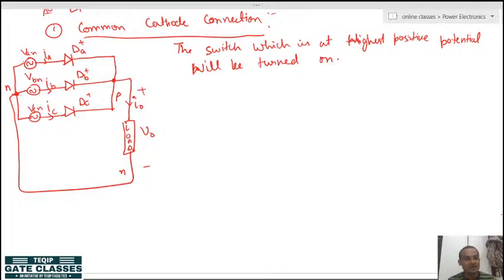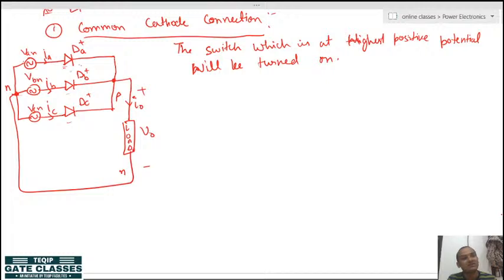Okay, so what we have to see across the diodes? In the first way it might seem that we have to see the phase voltage across the diode. No, it's not true. The phase voltage across the switch needs to be seen only if the load current is 0.